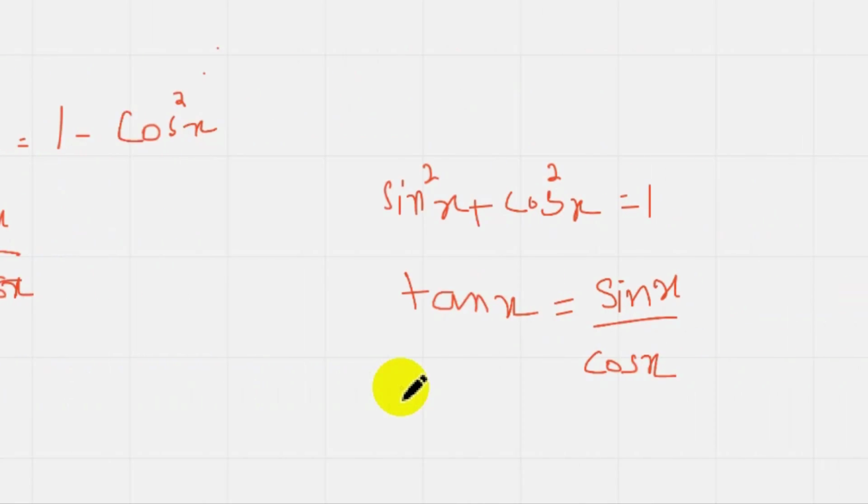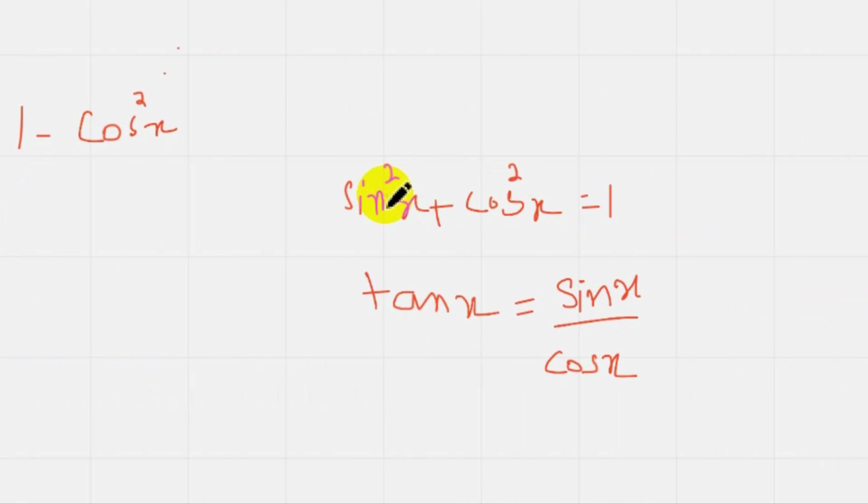Okay, now just look at this, sin squared x. So what would sin squared x equal? Just shift this cos squared x to the other side, then sin squared x equals 1 minus cos squared x, because this cos squared x is positive here, and when you shift it to the other side it becomes negative.